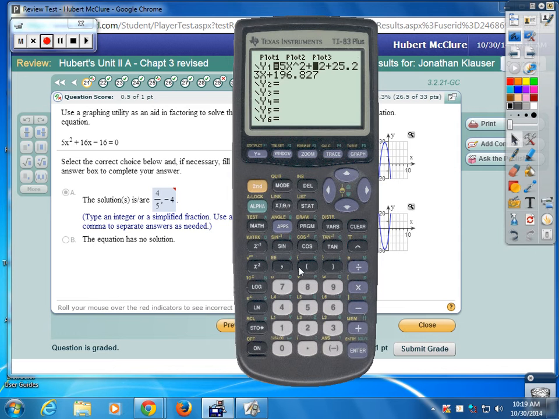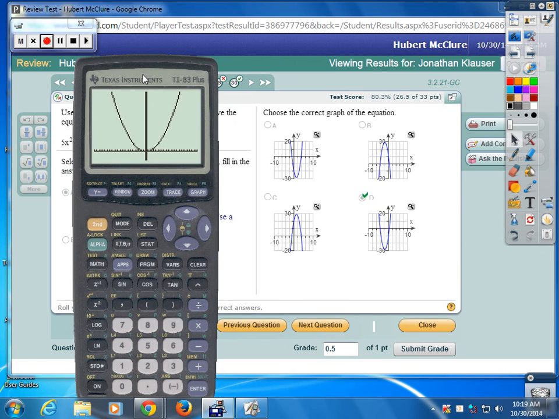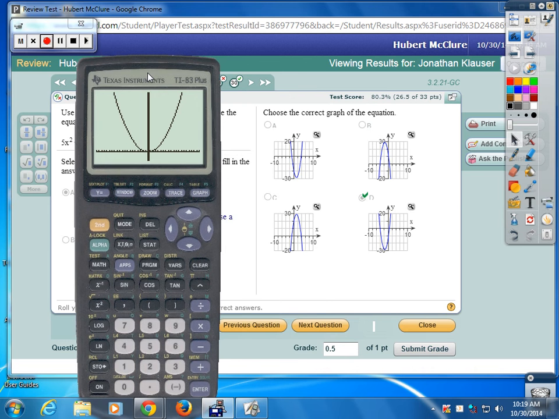plus 16x minus 16. There it is. So it's sitting on the x-axis, right? And it's opening upward. Wait a minute.